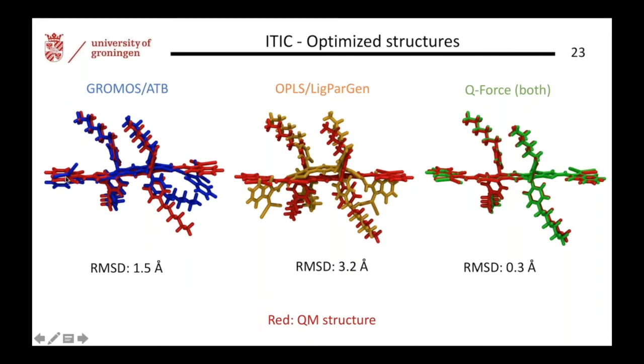More specifically, the planar backbone of the molecule is broken and is no longer planar. And this is also reflected in the root mean square deviation between the QM and the MM structures that is significantly higher for both of these force fields. However, if we look at the QForce force field, there's almost perfect alignment of the QM and QForce geometries, which results in a very small RMSD value.